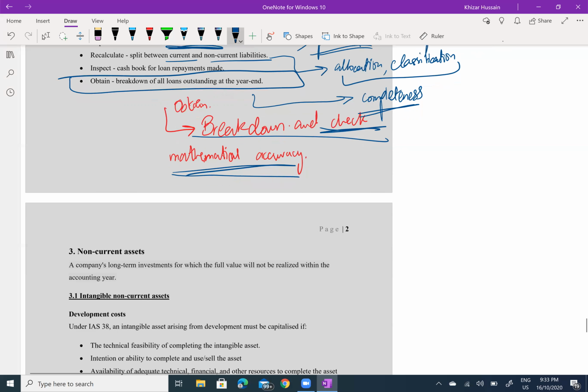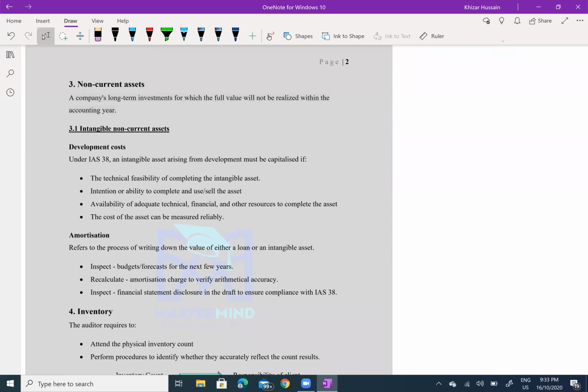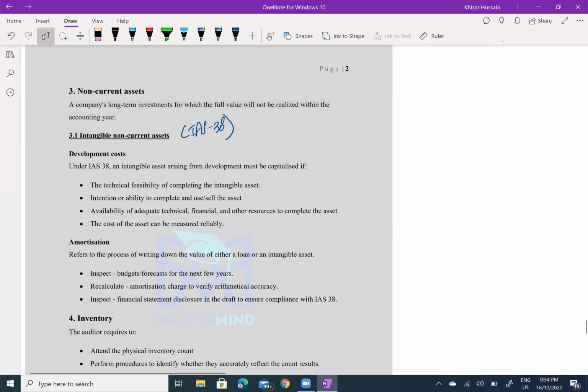Now, non-current assets. So you have intangible, which is IAS 38, and you have other assets as well, which are tangible assets.